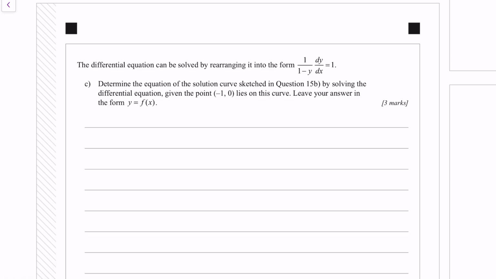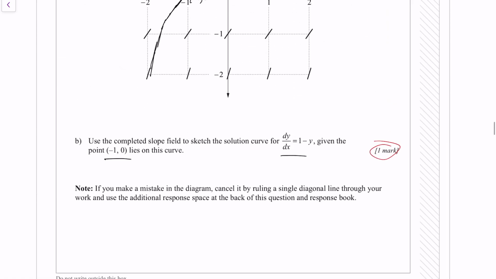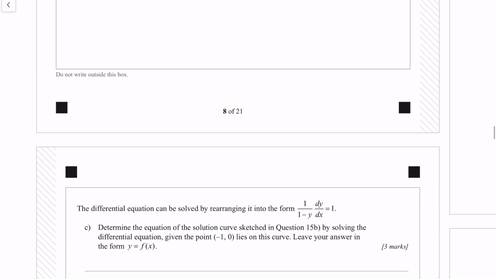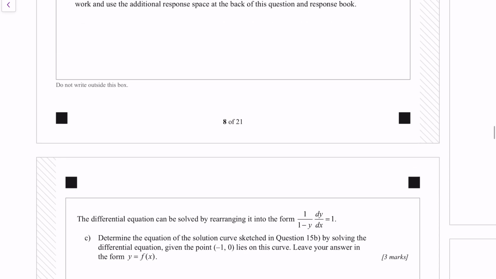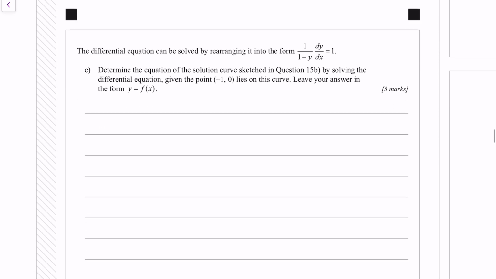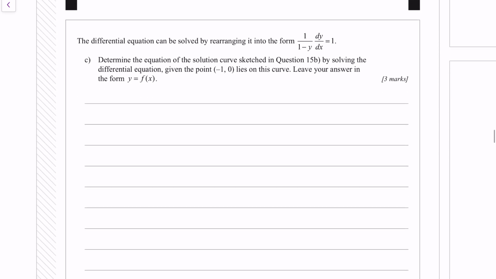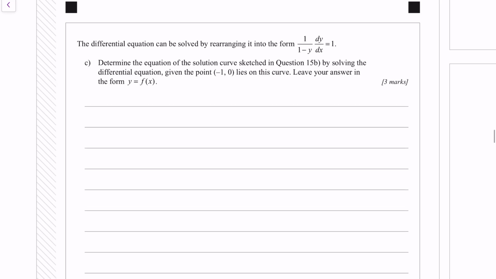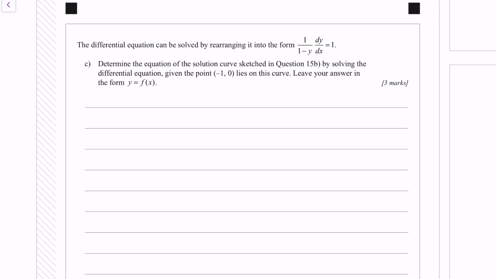That makes sense because we're essentially just dividing both sides by 1 minus y. So now we have to determine the equation of the solution curve sketched in question 15b. So this is now trying to find what that equation curve actually was.